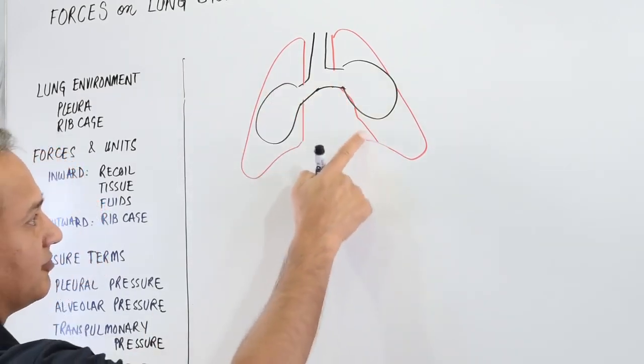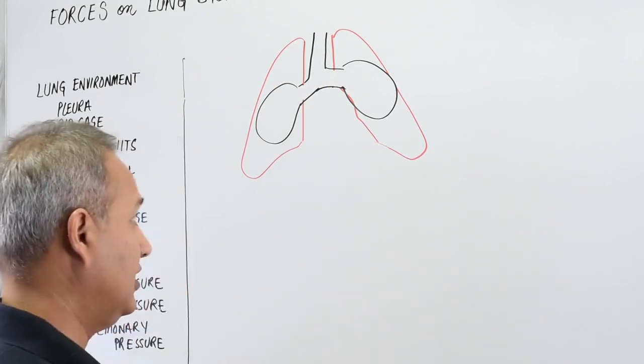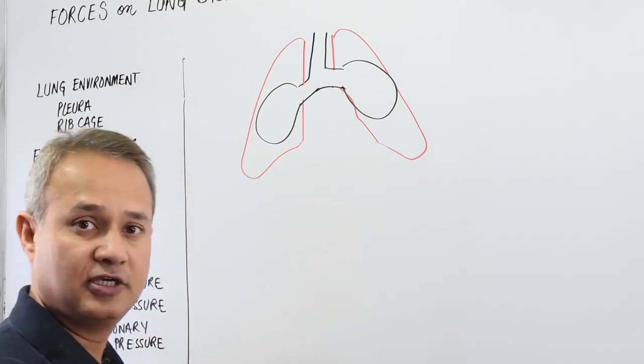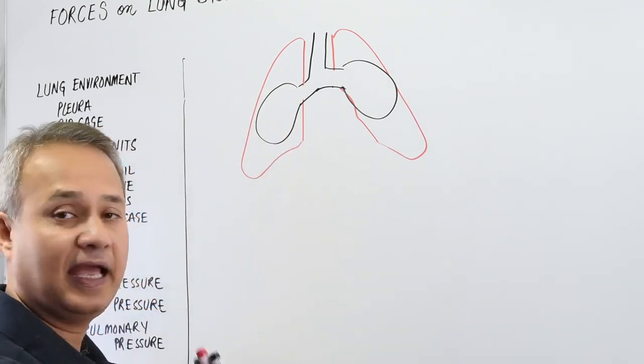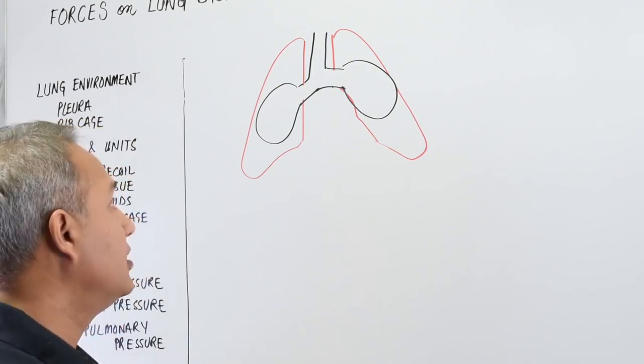For the physiology of the lungs, we will use one big alveolus present in the lung as the representative of all the alveoli.